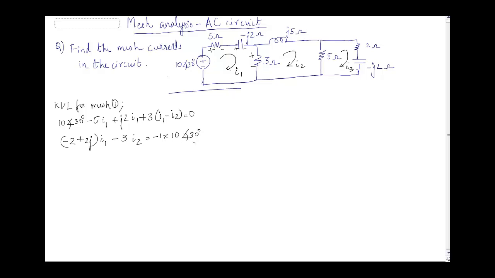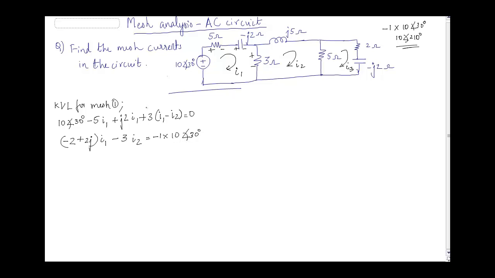So either you can write it as minus 1 into 10 angle 30 degree, or you can just write it as 10 angle, and with this 30 degree you add 180 degree, so it will become 210 degree. So either you write 10 angle 210 degree, or you write minus 1 into 10 angle 30 degree.